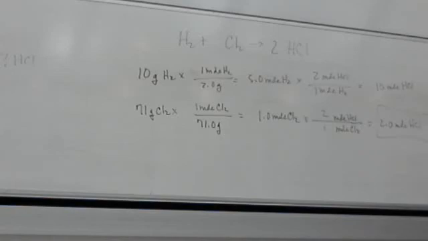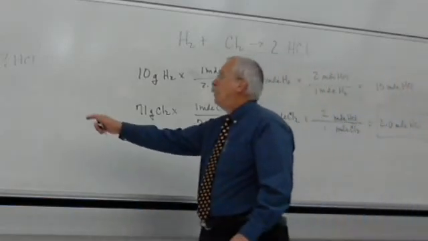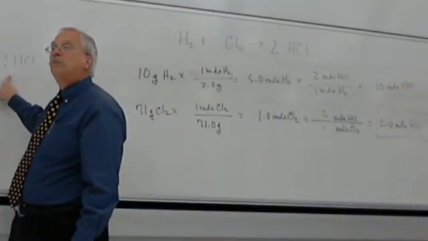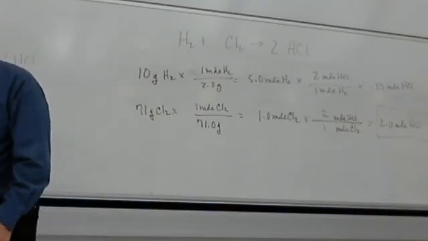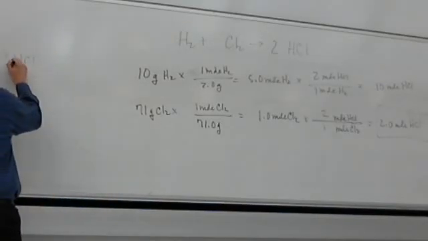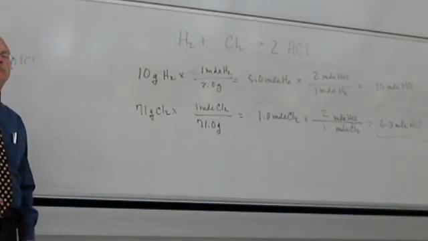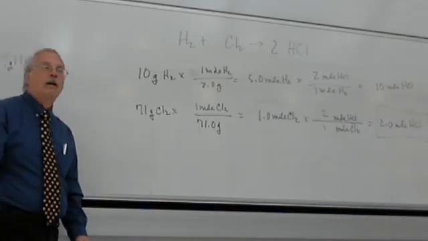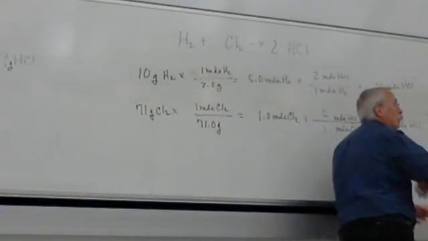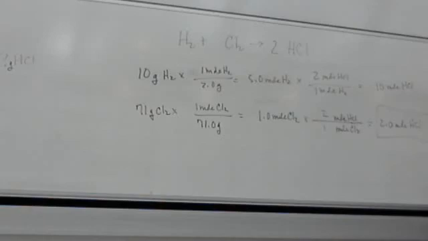Now, how much HCl? Am I wise to stop at moles? What if it said how many grams of HCl? I would still do these 2 steps in moles because I can compare the mole values easily enough. No need to turn both of them into grams. But once I got this mole value as the final answer, I would then change that to grams.